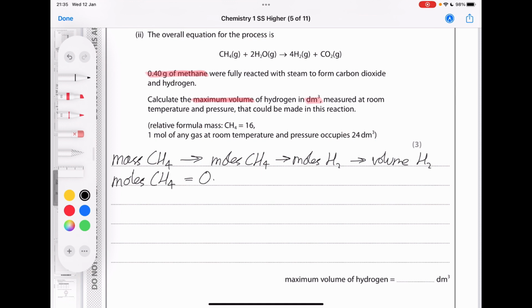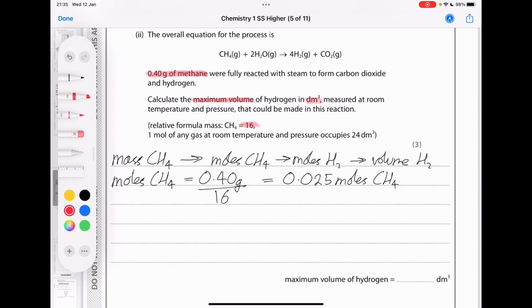So I'm going to have 0.40 grams divided by the relative mass, which is 16, which means I have got 0.025 moles of methane. First mark.